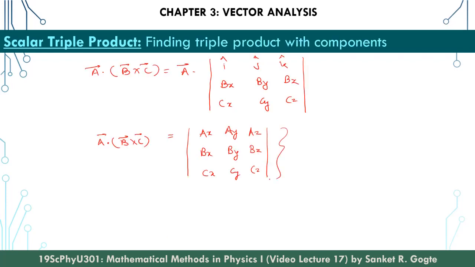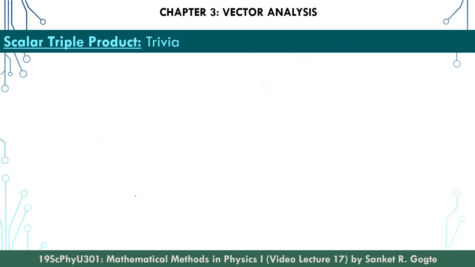This is the determinant that gives the value of the scalar triple product, and therefore as a consequence of the properties of this determinant, it is easy to prove that this scalar triple product A dot B cross C is the same as B dot C cross A, and that is equal to C dot A cross B. So for a scalar triple product, if we change the order of the vectors in a cyclic manner, then the value of the scalar triple product is unchanged.